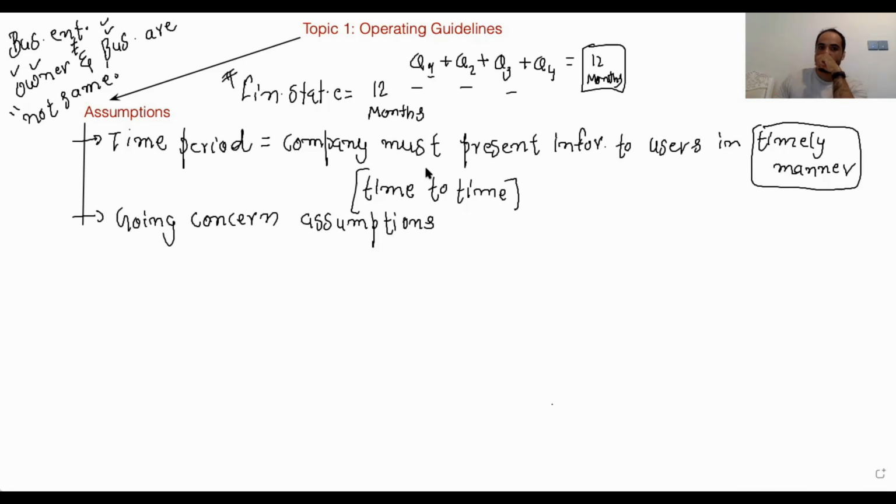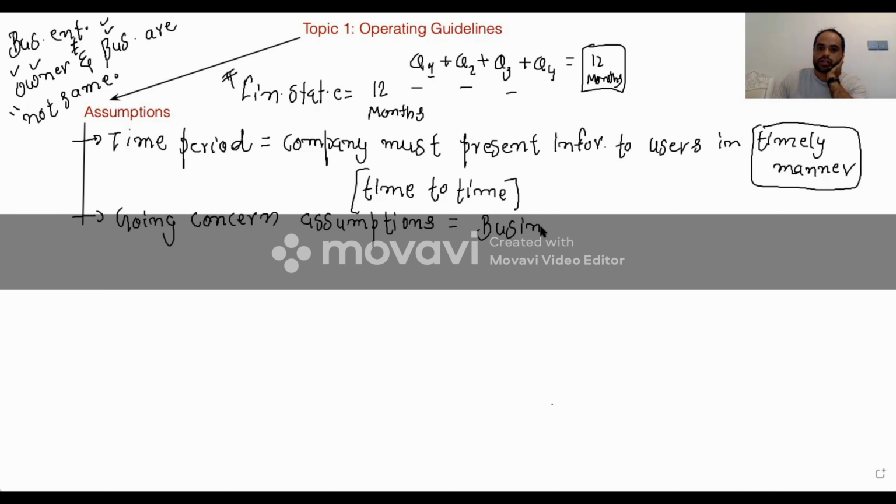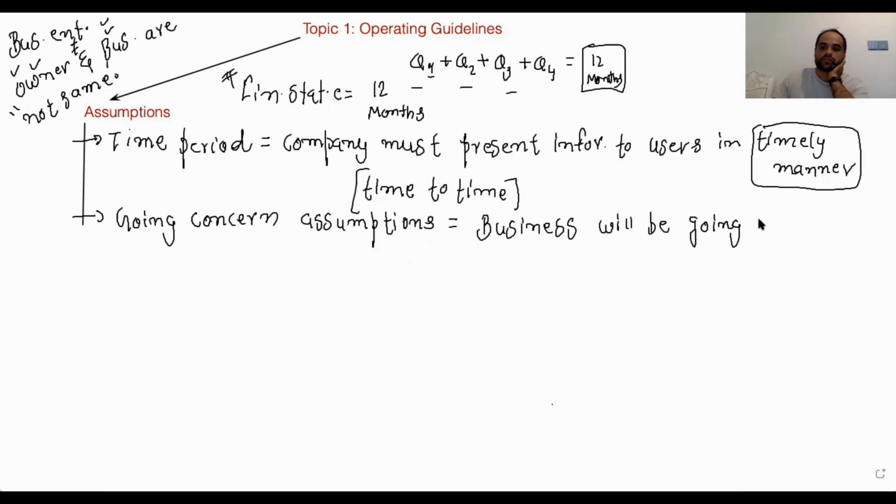But let me write down what the going concern assumption is. The going concern assumption assumes that the business, we assume that the business will be going on in the future.